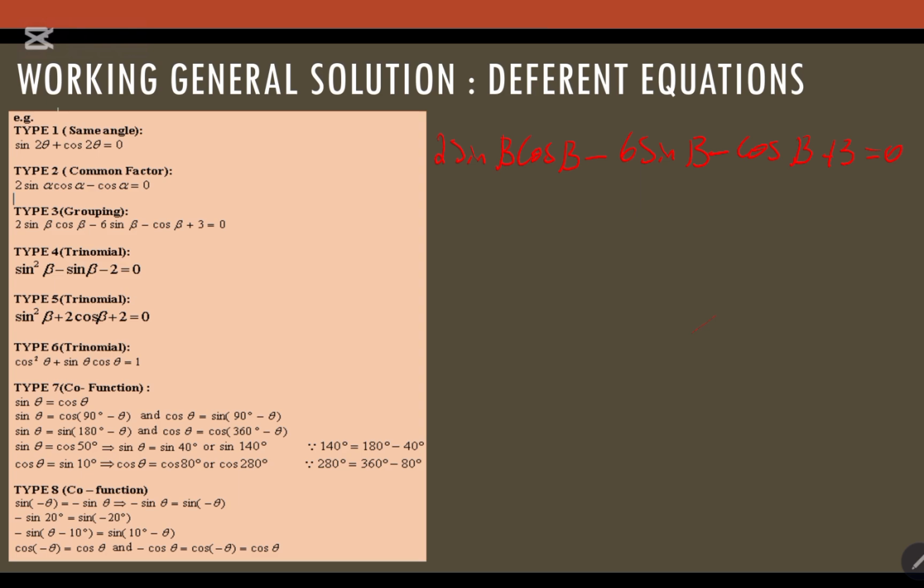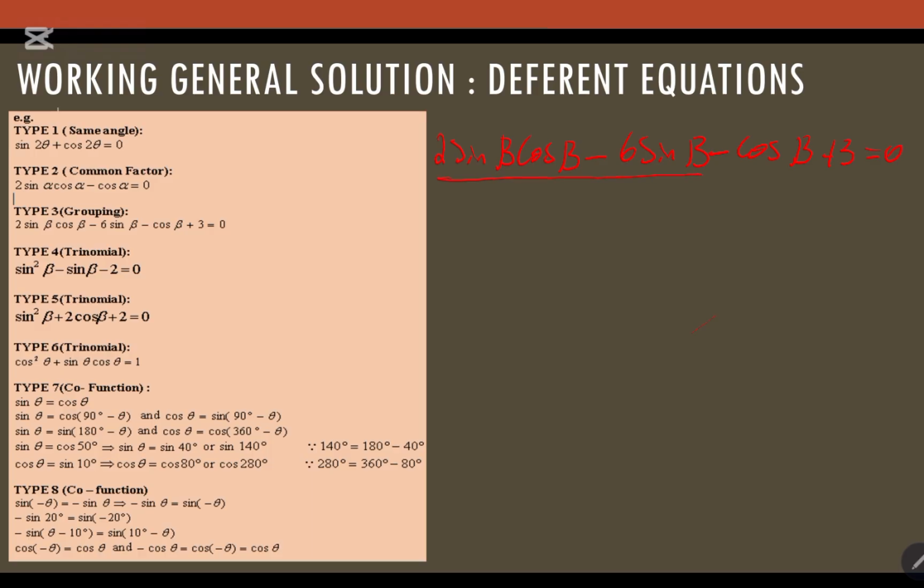Now when I look at this equation, I've got cos beta plus 3 here. Between these two terms, I can take out the common factor of 2 sine beta.